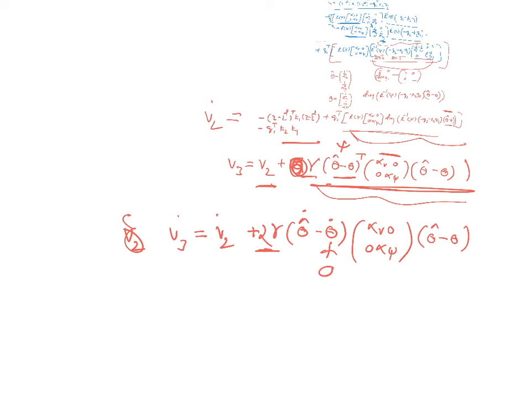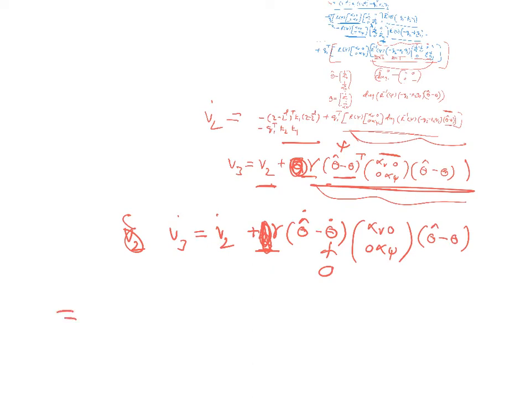So let's not have 2 here. Let's just have a gamma, because 2 into gamma can also be considered as gamma. That's one parameter. So gamma is there.